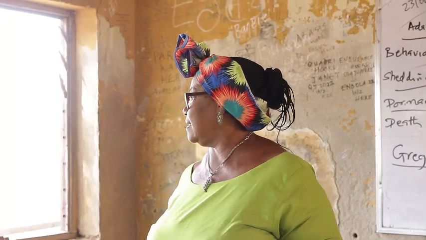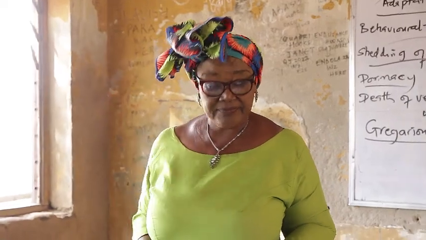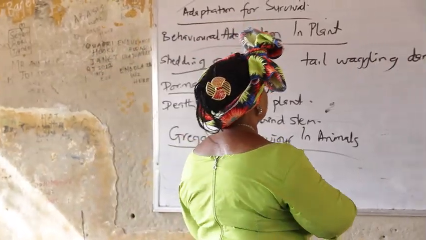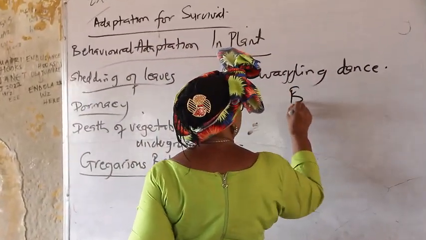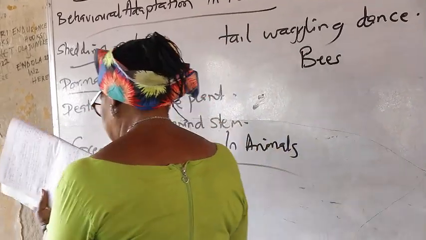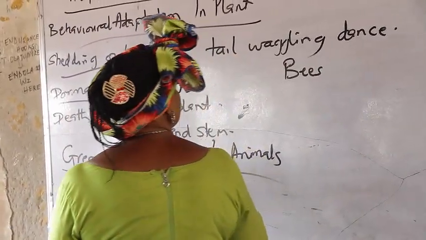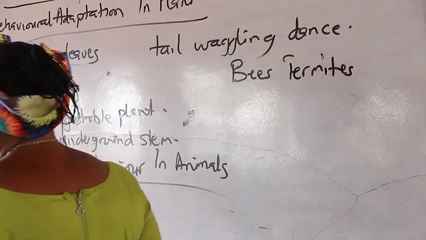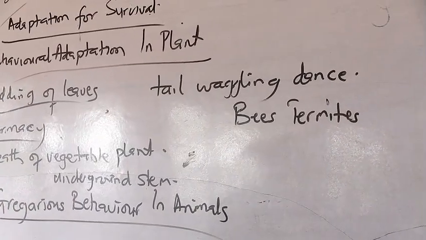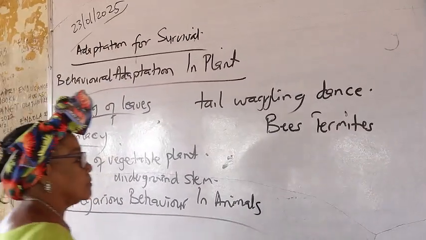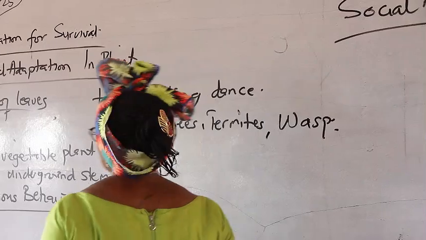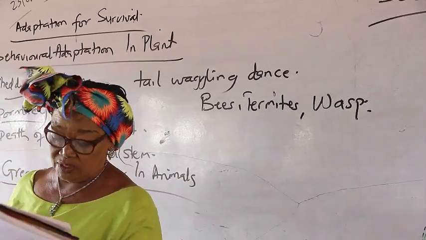And among insects, social animals, we have ants, bees, termites, wasps, at least for now. These ones are for you.